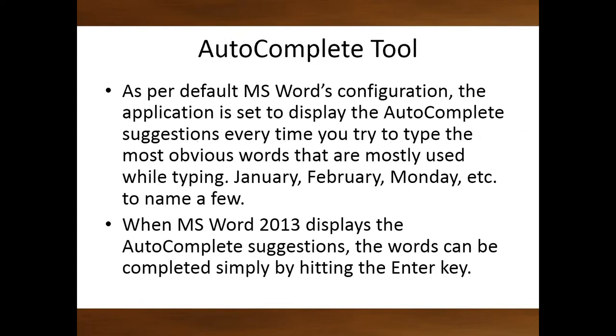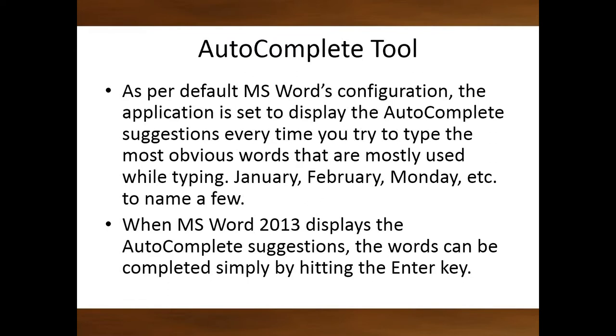We look at the autocomplete editing tool. You notice that when you are typing a word, you see something appear above what you are typing. That thing that you see is called a tooltip.